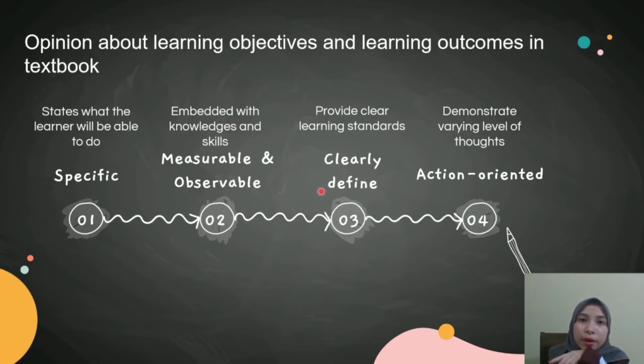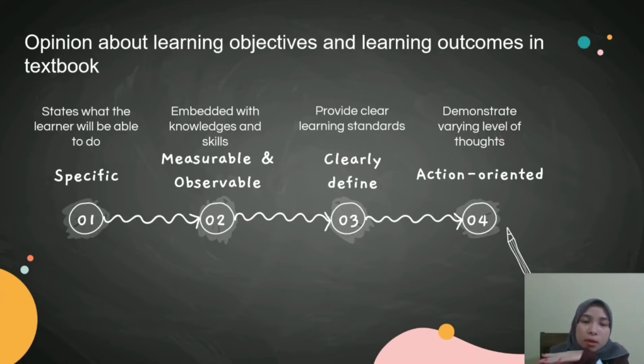It is clearly defined because it is embedded with knowledge and skill and value that student needs to acquire, and action-oriented. It demonstrates varying level of thoughts and use an active verb that represent a behavior change or acquisition.